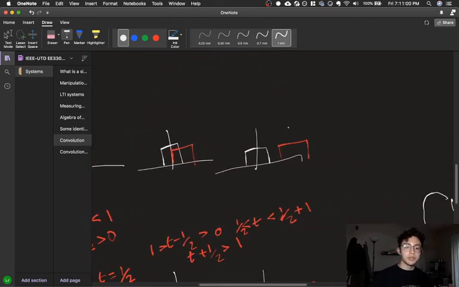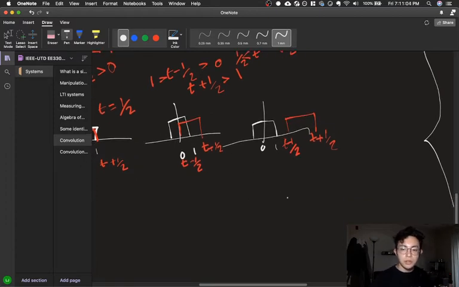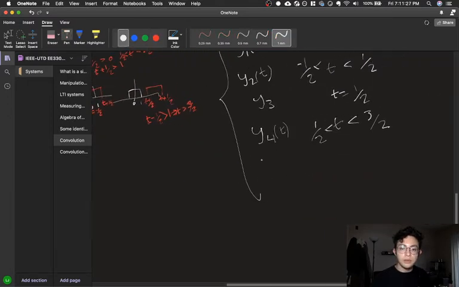And just to be formal, we know that when t minus 1/2 is greater than 1, this will be when t is greater than 3/2. So this is y5 of t. So t is greater than 3/2.